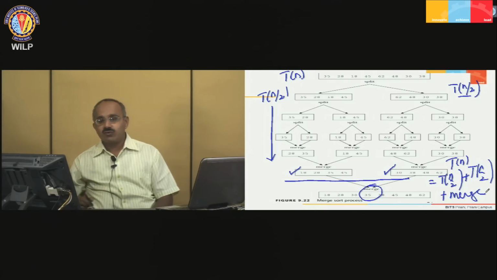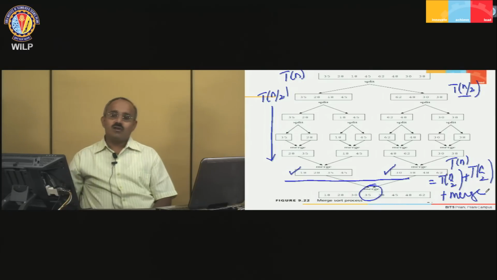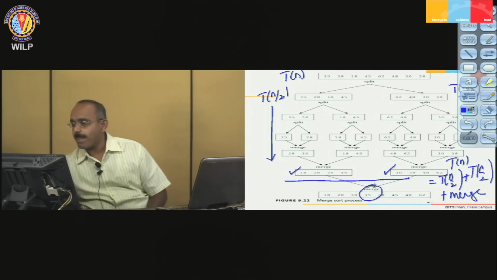So, the time required to sort n elements can be represented using the time required to sort n by 2 elements twice, plus the time required to merge the two things into a single sorted list.